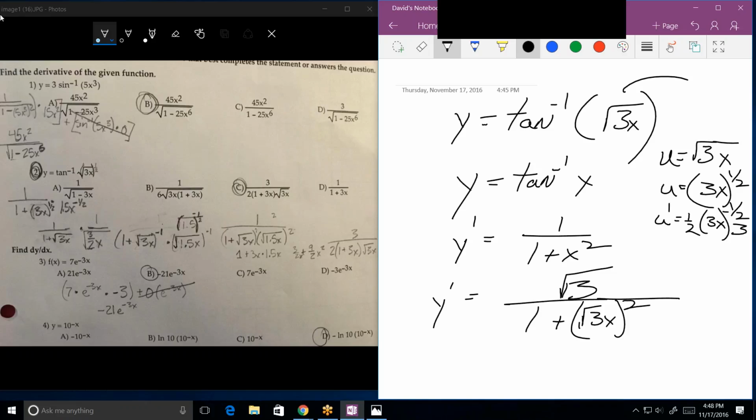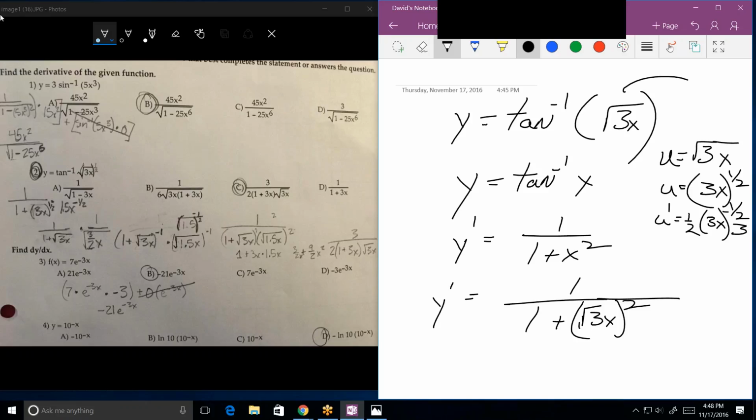So that's the derivative of the inside. It's actually a double application of the chain rule. And so in the numerator, that's the derivative of the outside, right there.